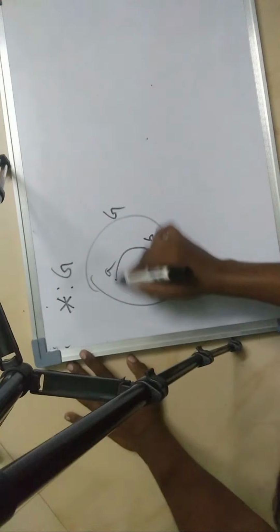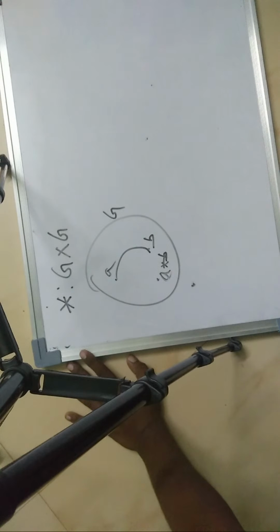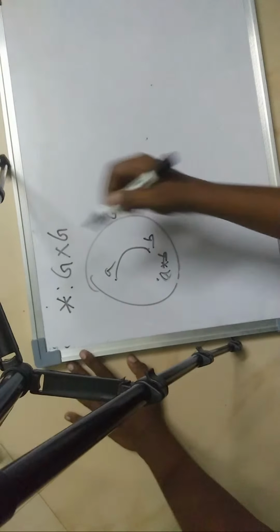So we are taking two elements. To denote that, we will use G cross G, which is nothing but the Cartesian product of G with itself.